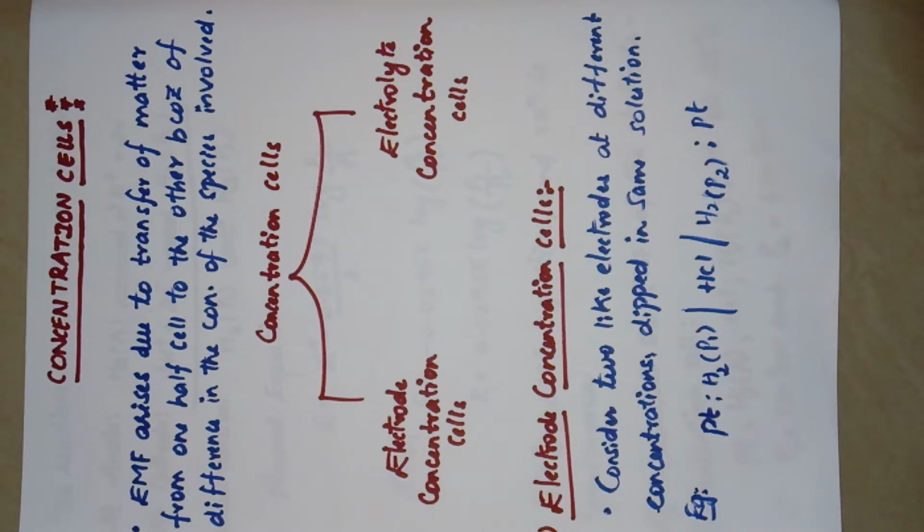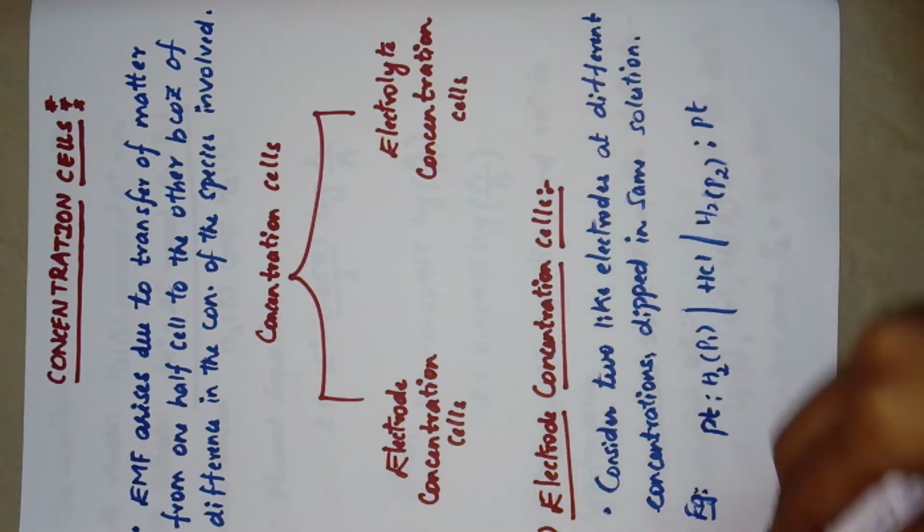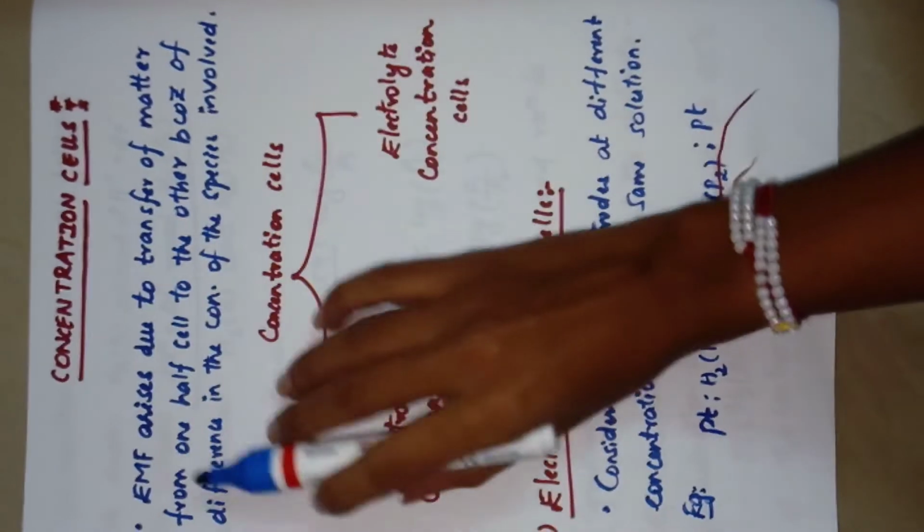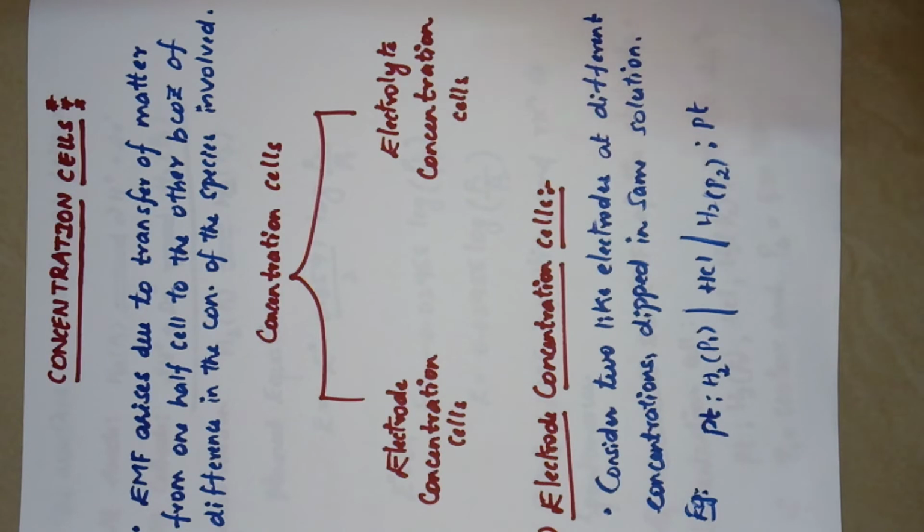From our knowledge we know that in galvanic cells the EMF arises because of the conversion of chemical energy into electrical energy. But here you can see that EMF arises due to the transfer of matter from one half cell to another half cell because of the difference in the concentration of the species involved.